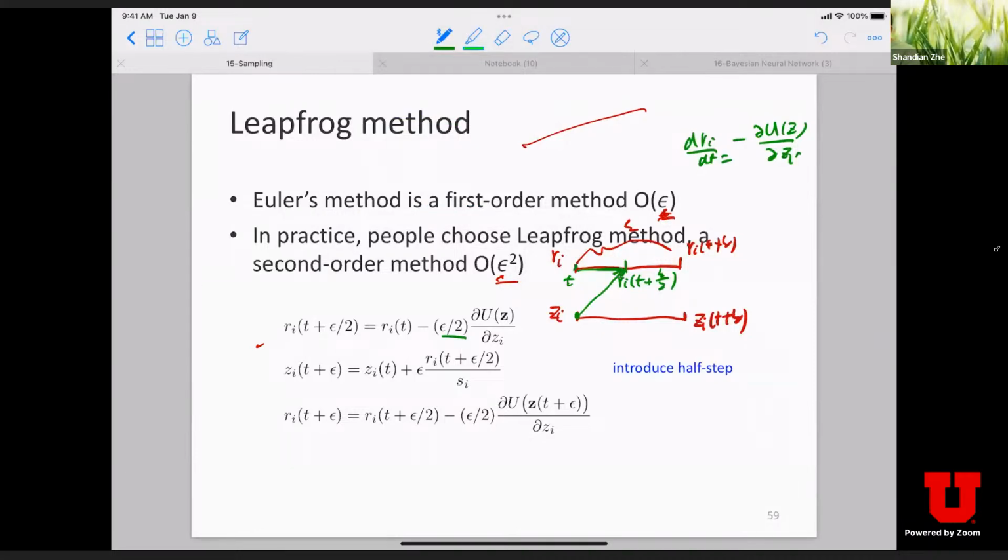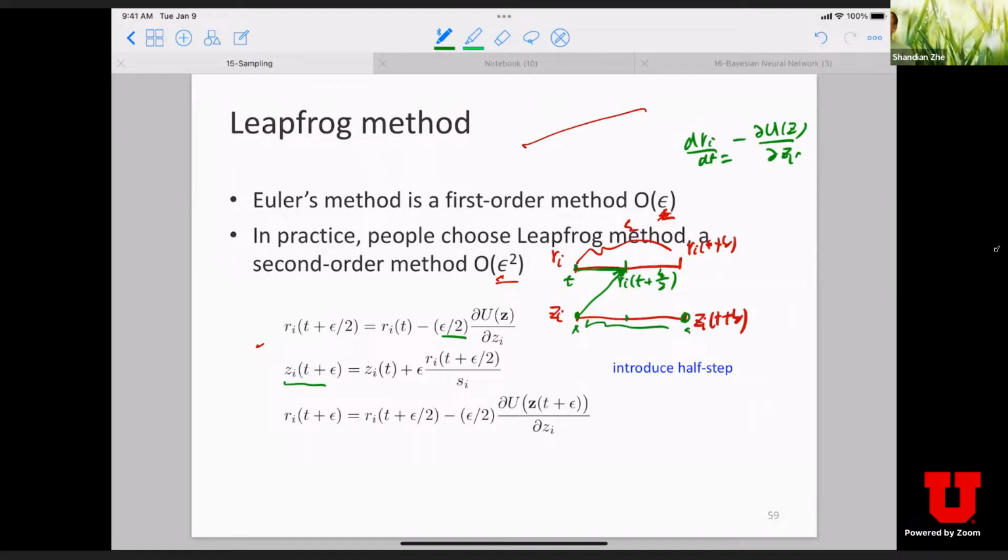And next, we're going to compute Zi at t plus epsilon, meaning that I want to compute this one. As we mentioned, we're still going to approximate the gradient in this small range as some constant. But I'm not going to use the gradient at these two ends. Instead, I'm going to use the gradient in the middle.